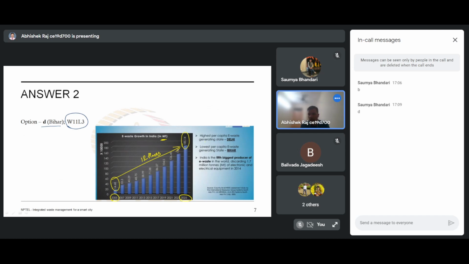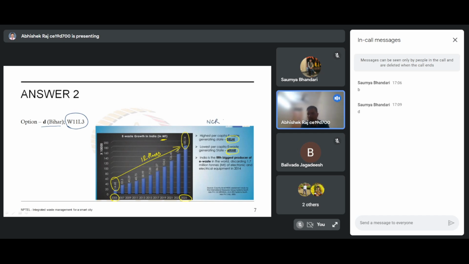When we talk about the highest per capita e-waste generating state, that is Delhi, and the lowest per capita e-waste generating state is Bihar. There is another reason why Delhi produces a lot of e-waste: Delhi also constitutes the NCR region.